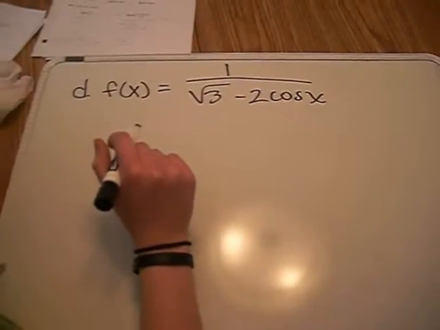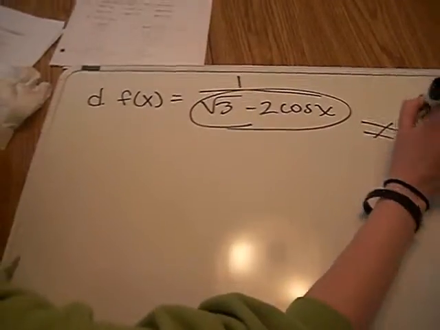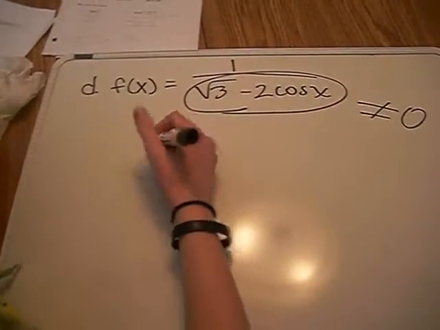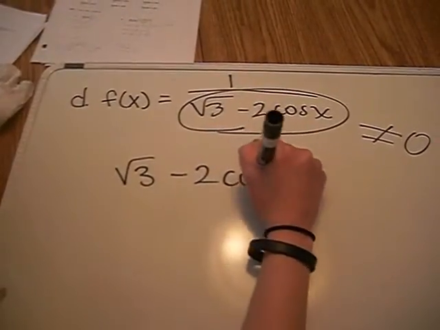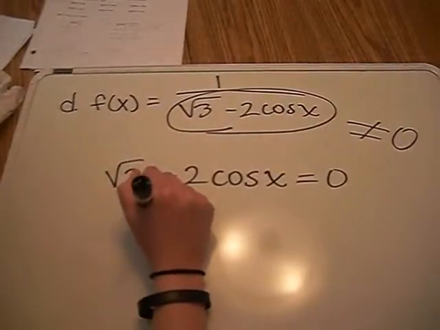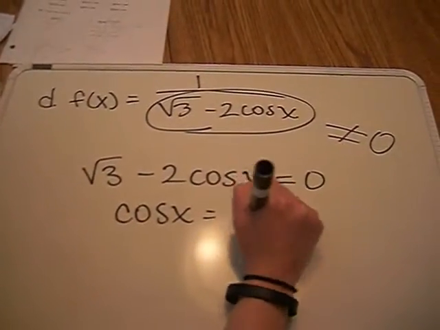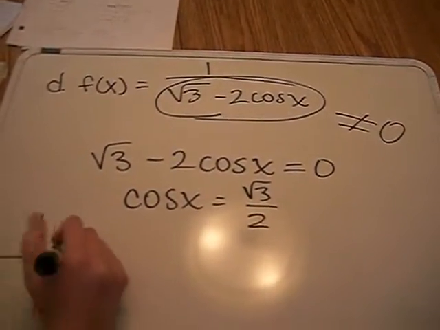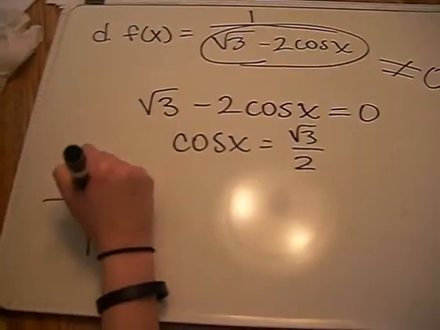Alright, for this last problem, we gotta remember that the denominator cannot equal 0. Therefore, to find where x can't be, we're going to set the denominator equal to 0. Square root of 3 minus 2 times the cosine of x is equal to 0. When you solve this, cosine of x is equal to root 3 over 2. Let's think about this in terms of the unit circle, that's what it's called.